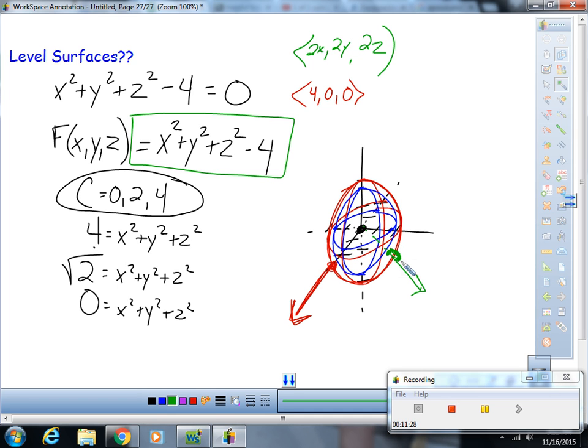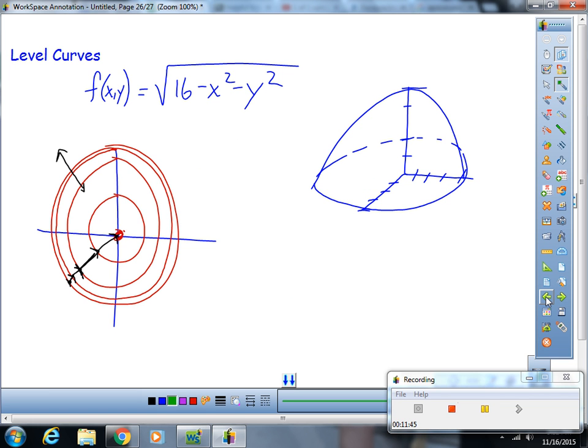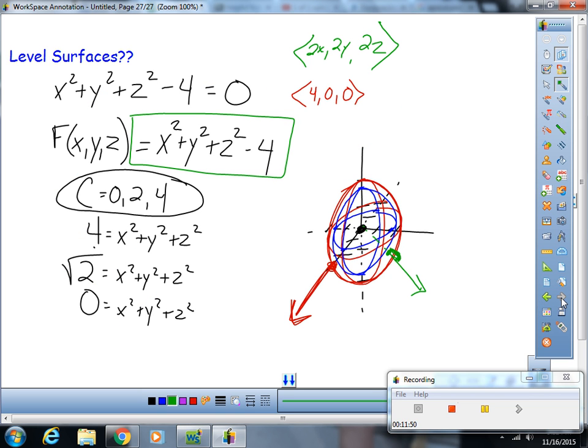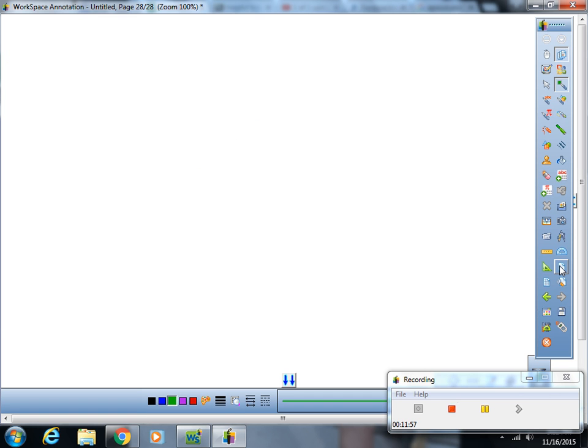So, remember that the gradient, this is confusing, is orthogonal not only to the level curves, but it's also orthogonal to the level surfaces. And if you can understand that, then now I can teach you today's lesson, which is finding tangent planes and normal lines.